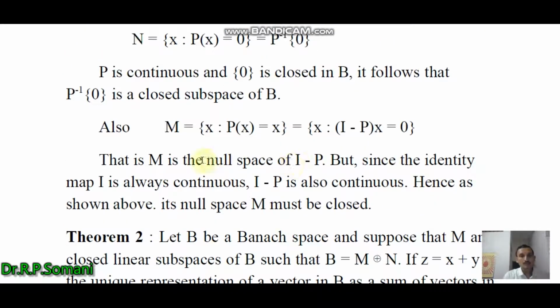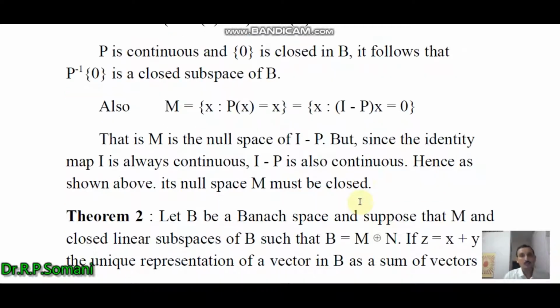So M is the null space of I minus P, and N is the null space of P. Since the identity mapping I is always continuous, I minus P is also continuous, and hence, as shown above, its null space M must be closed. So we have proved that M and N are closed linear manifolds.